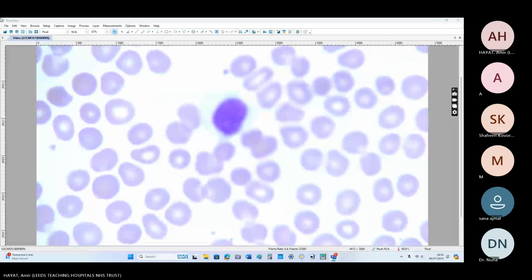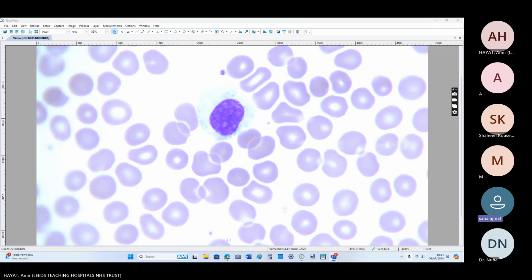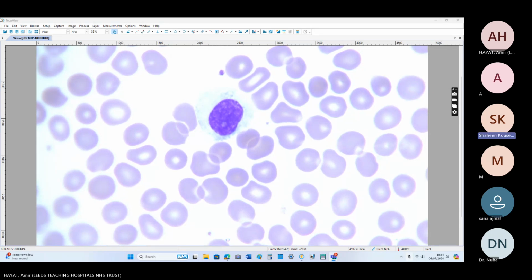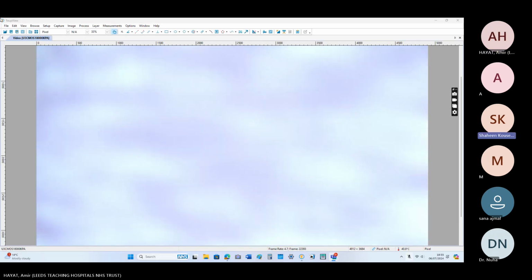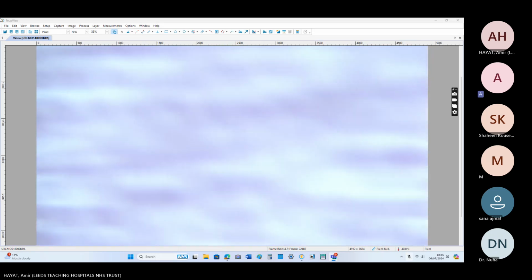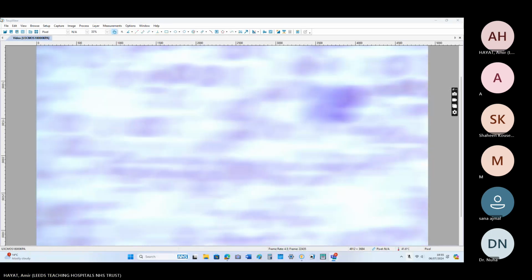Are they hairy cells? Maybe, because the cytoplasmic projection is all around the circumference. The cytoplasm is quite adequate, agranular and light blue. Can you show some more? Yes, I'll go toward the thick side, because these cells are mostly on the thicker side, I think.